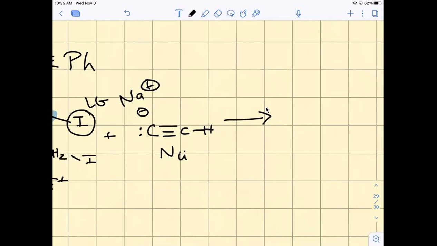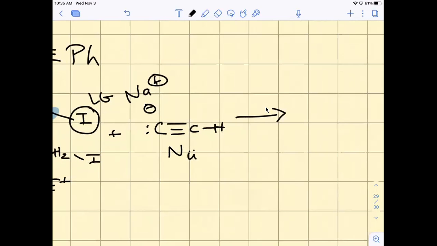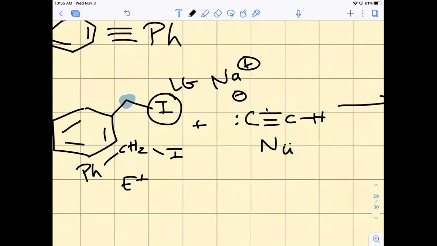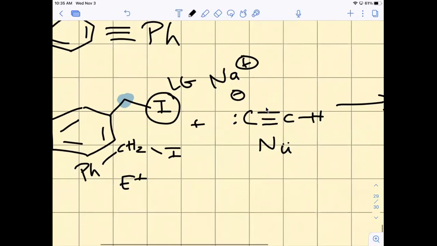This was on the last test, by the way. Just in case you're thinking that you've never seen it before. Not this particular reaction, but this process. If I have a nucleophile in the presence of a leaving group, what normally happens there? Don't they just swap out? Substitution. It's a substitution reaction.